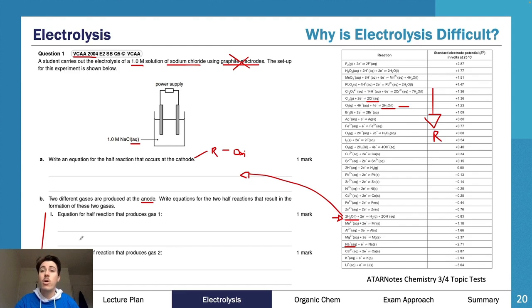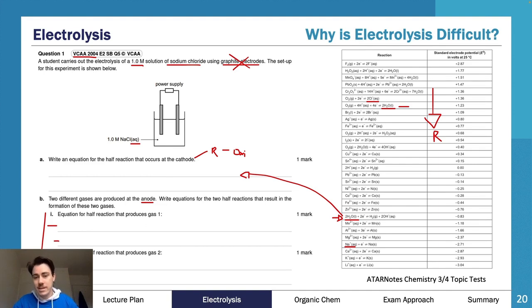I'm also going to write below it, just to be safe, oxygen is the gas produced. Full stop. That's all I'm going to write underneath. So my first line here would be this equation. Remember, it's flipped, so I'm going to do 2H2O liquid goes to O2 gas plus 4H+ aqueous plus 4e-. I'm going to write on the line below it, just here, oxygen gas is produced.